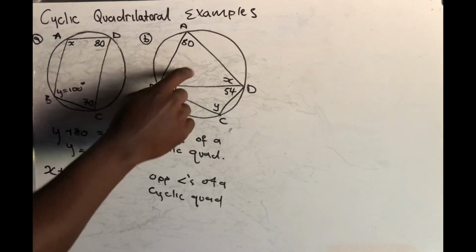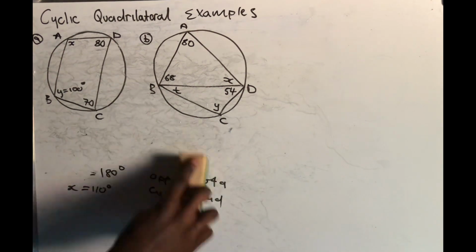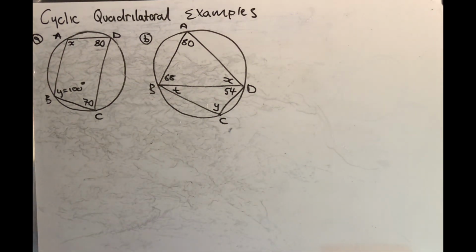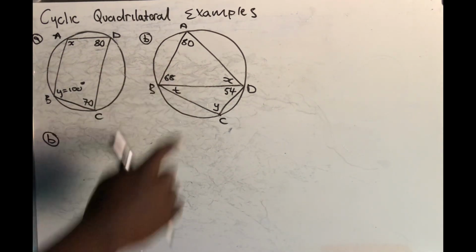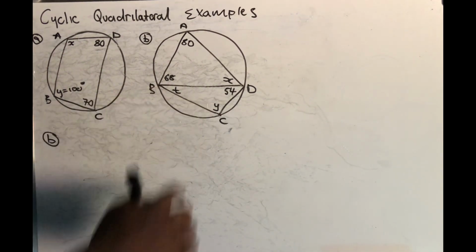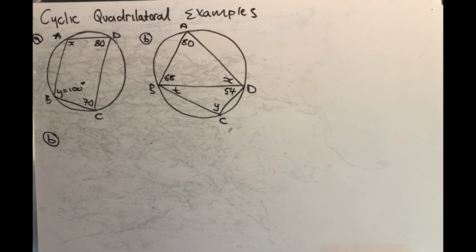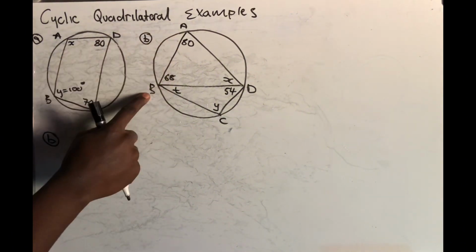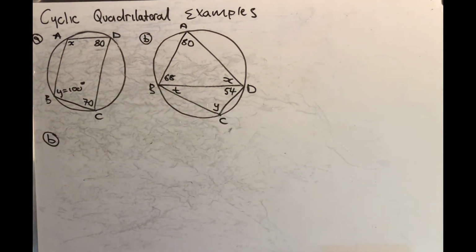Then now let's look at this one. Okay, example B. We are asked to find the value of x, t, and y. So if we look carefully, we can see that ABCD is a cyclic quadrilateral.